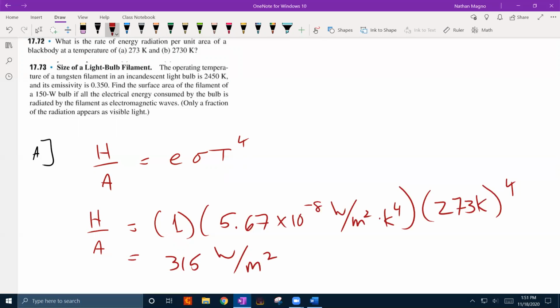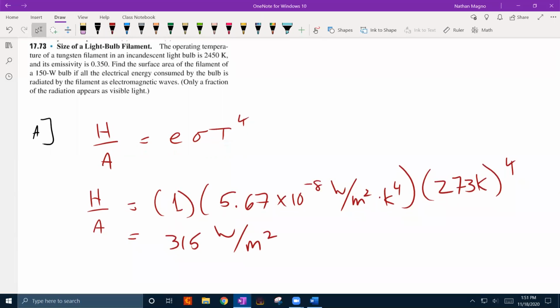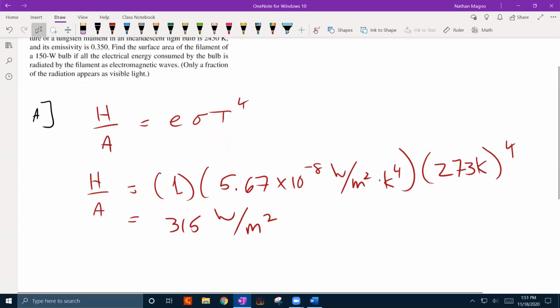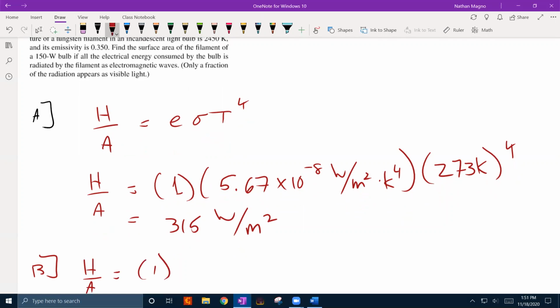Okay. So that was for 273 Kelvin. For part B, same thing, but we want it for 2,773 Kelvin. So now H over A. Black body, so emissivity is 1. Same thing, Stefan Boltzmann constant.